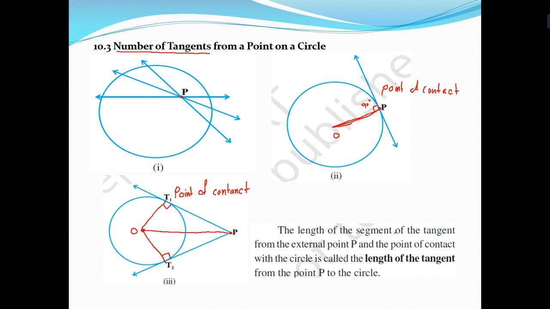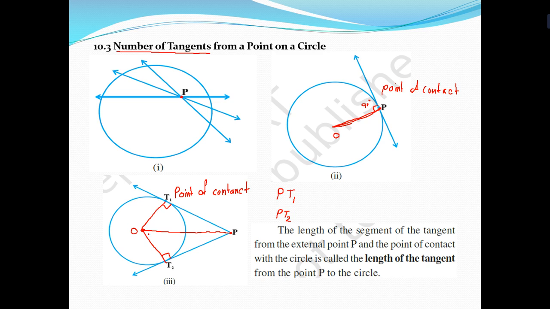The length of the segment of a tangent from the external point P to the point of contact with the circle is called the length of the tangent from the point to the circle. So the lengths of the tangents are PT1 and PT2. PT1 and PT2 are called the lengths of the tangent.